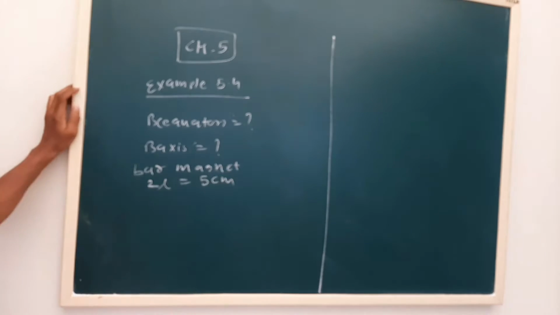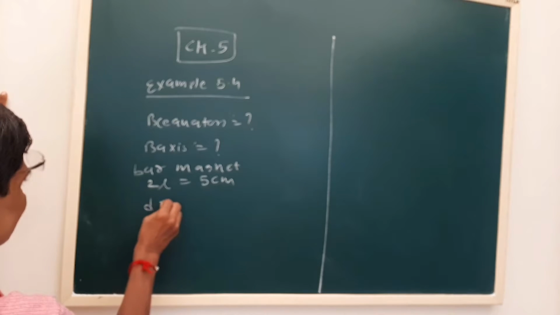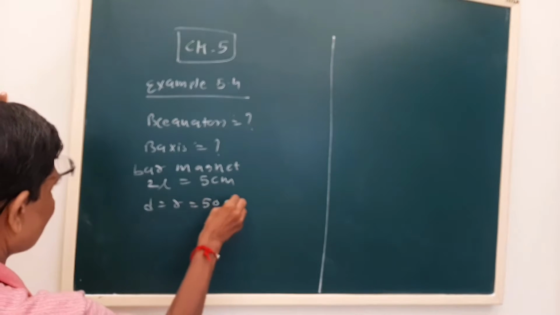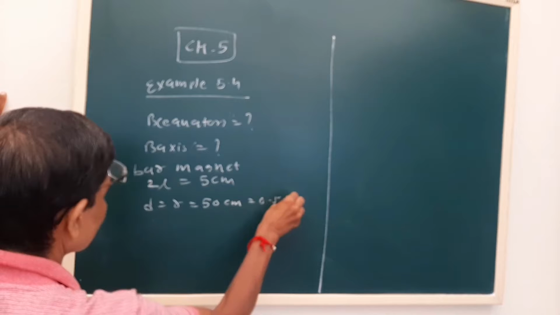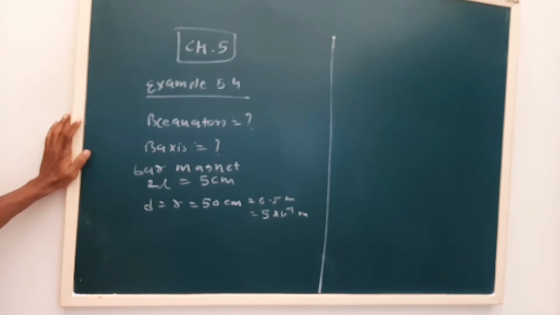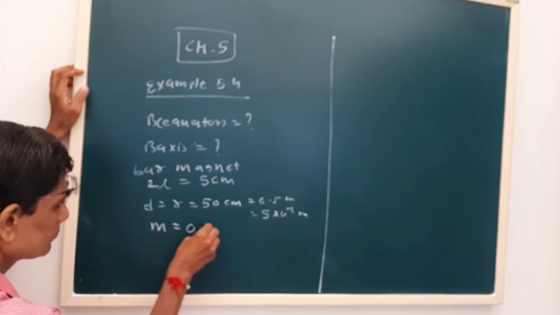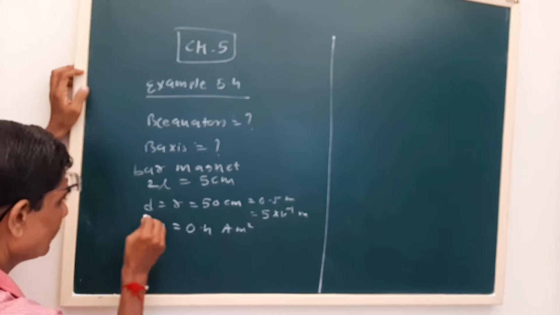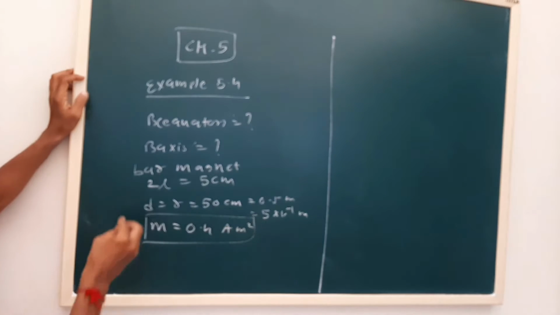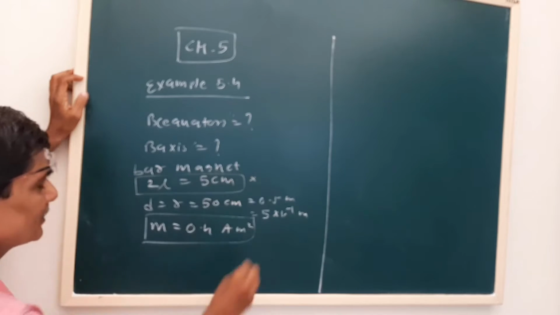Generally, bar magnet length we take as 2L, and a distance of 50 centimeter, that is 0.5 meter, having a dipole moment of 0.4. Here we are given the dipole moment, so there is no use of this length.